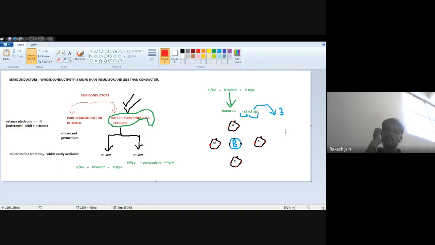Yes. So now what will happen? Boron's outermost orbit electrons are equal to 3. Silicon's outermost orbit electrons are 4. We just dope the silicon with boron. So boron is low quantity and silicon is more quantity. So we can draw this type of structure. Now what will happen?